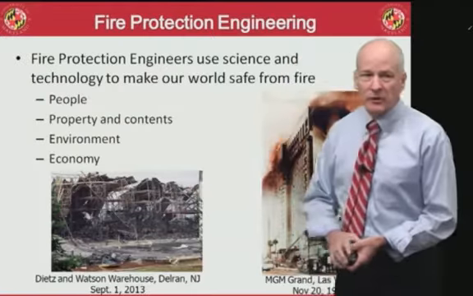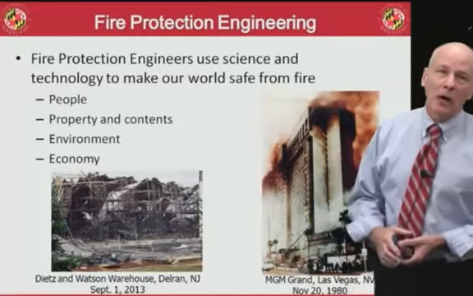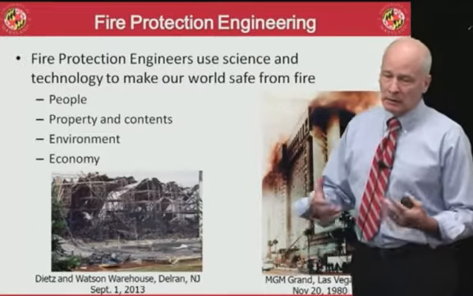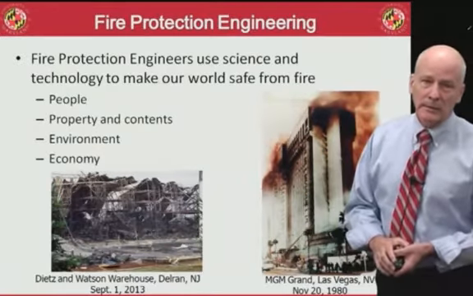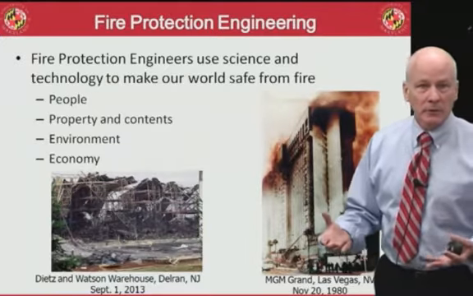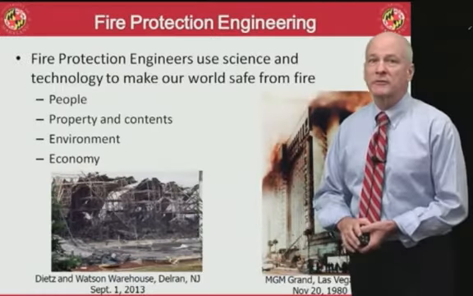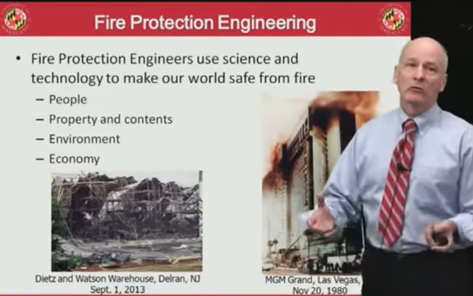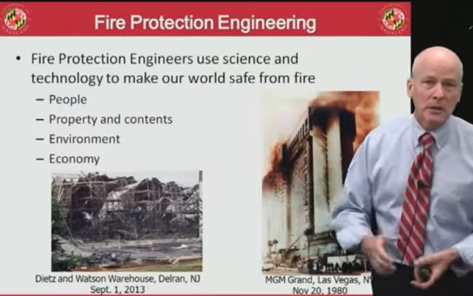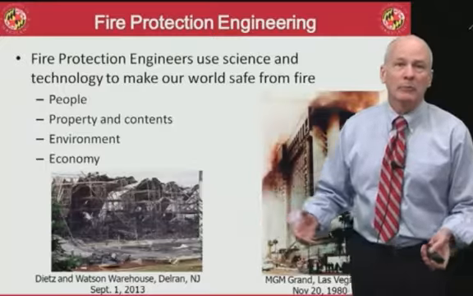Another incident, very recent in the Philadelphia area, was a Dietz and Watson warehouse. Again, a huge amount of property and contents damage. But the other major piece was damage to the local economy, because now you've got a facility that's going to be out of business for quite a while until the structure's rebuilt, and all those workers that were part of that facility are now out of work, basically.